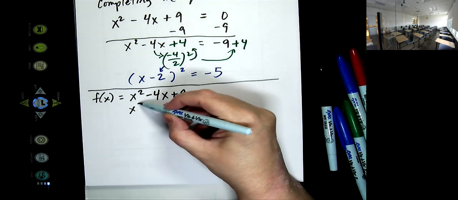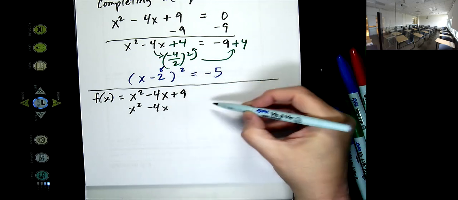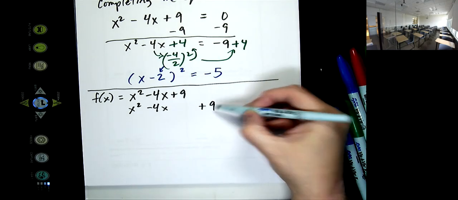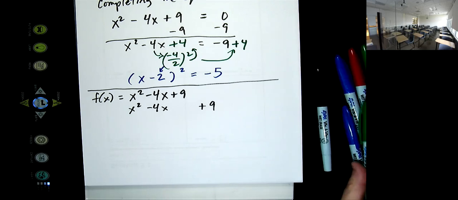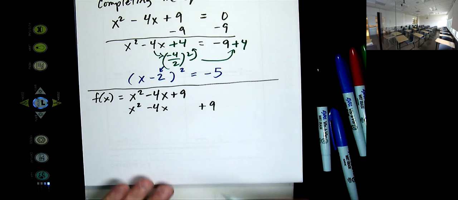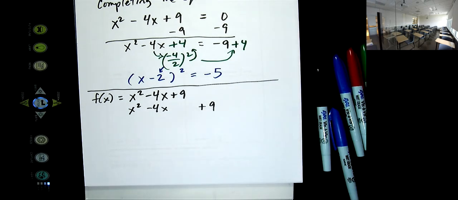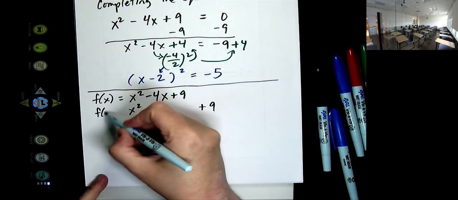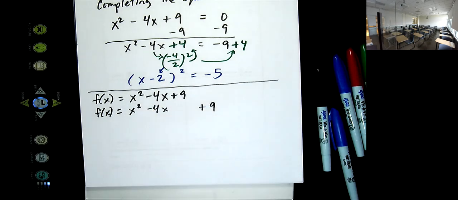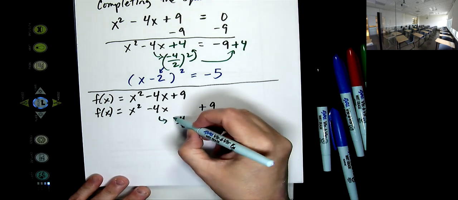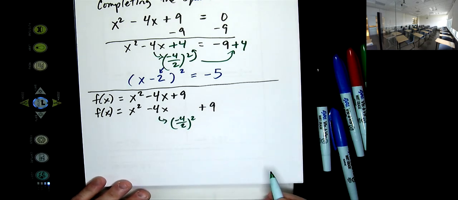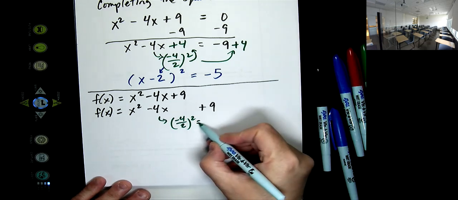What I'm going to do is add a little space. This is still f of x equals so-and-so. We still do the same process. We take this, cut it in half, and square it, which is going to give us 4.